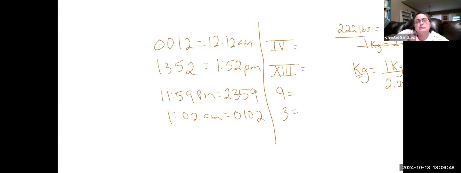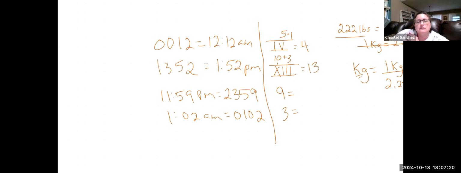Now let's look at this Roman numeral. The V is going to be 5, and this is a 1, so if the 1 is before it, it means you subtract. So 5 minus 1 is 4. Now, on this one, our X is 10. And if the lines are after it, it means you add them. So 10 plus 3 is 13.